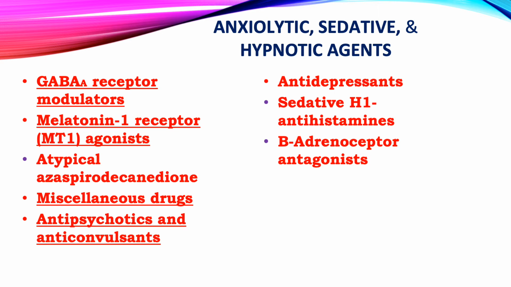First, the very big group of GABA A receptor modulators, followed by melatonin 1 receptor agonists, and then atypical acetylpyridine drugs, and we have miscellaneous drugs: antipsychotics and anticonvulsants, antidepressants, and sedative histamine 1 antihistamines, and beta adrenoceptor antagonists.